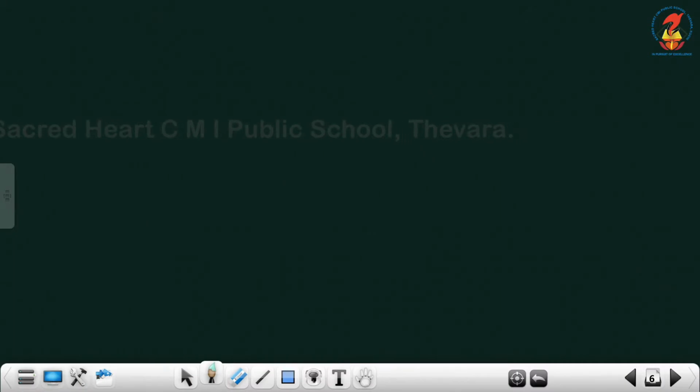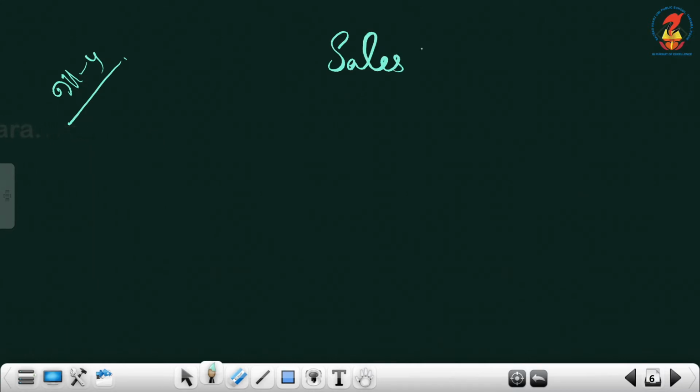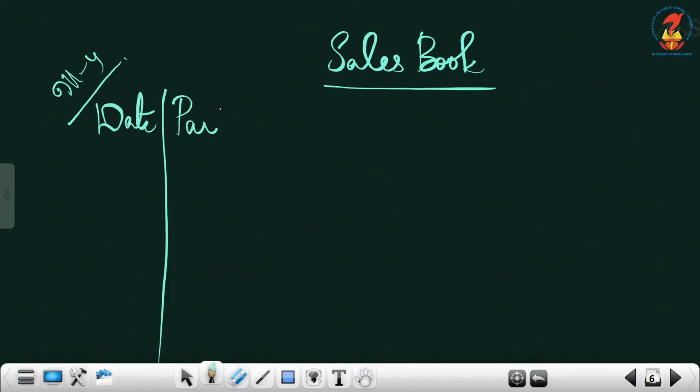This is illustration number 4 given on page number 11.9. Give the heading, now it is sales book or sales journal. You write sales journal also. When you write the heading, put a slash and write sales book or sales journal.